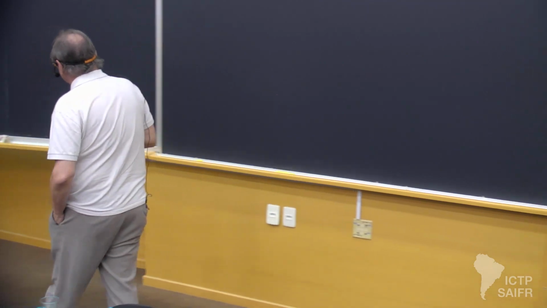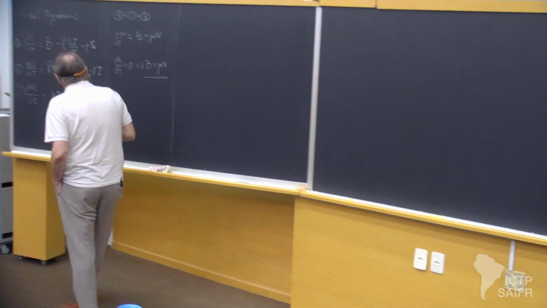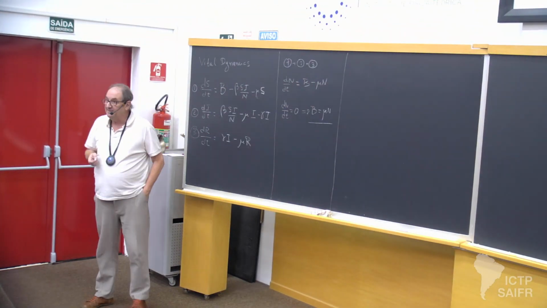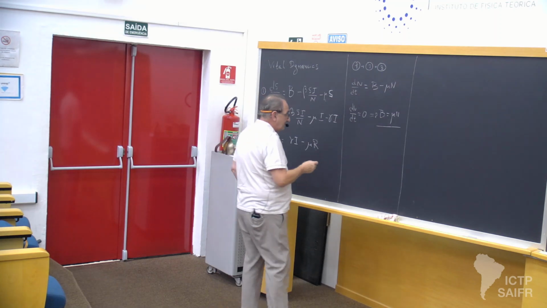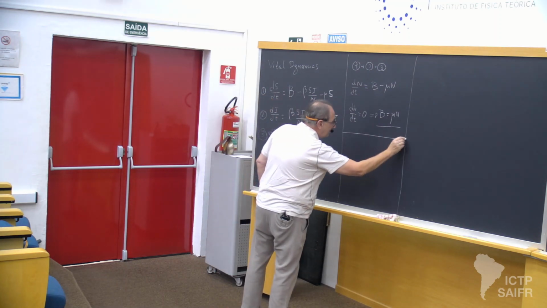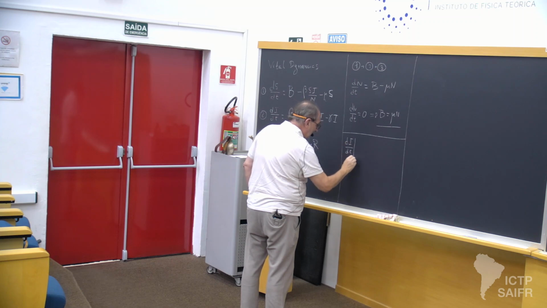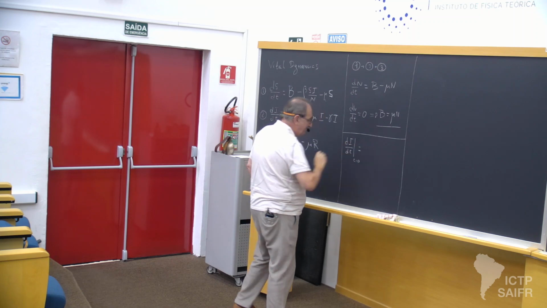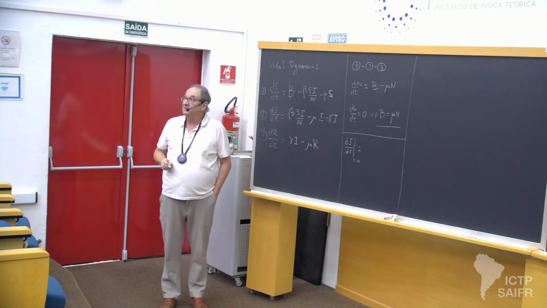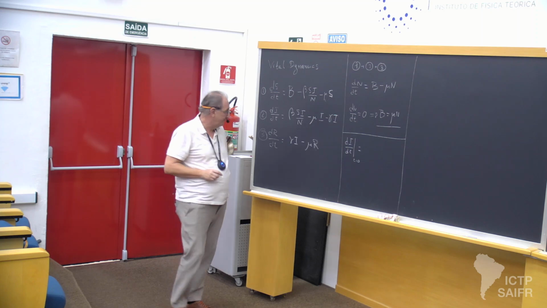In order to know if the population will increase, I have only to look at the equation for dI/dt at time equal to 0, at the initial point of the invasion.